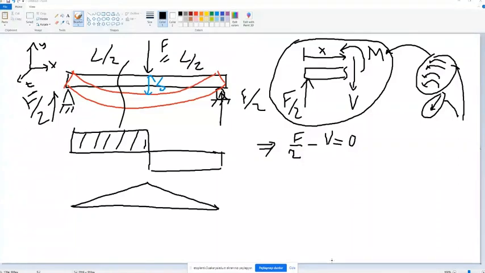Which means when you accept counterclockwise moment, your thumb will be in the same direction as Z here. Z here is positive, so your thumb here is positive. They are the same way.